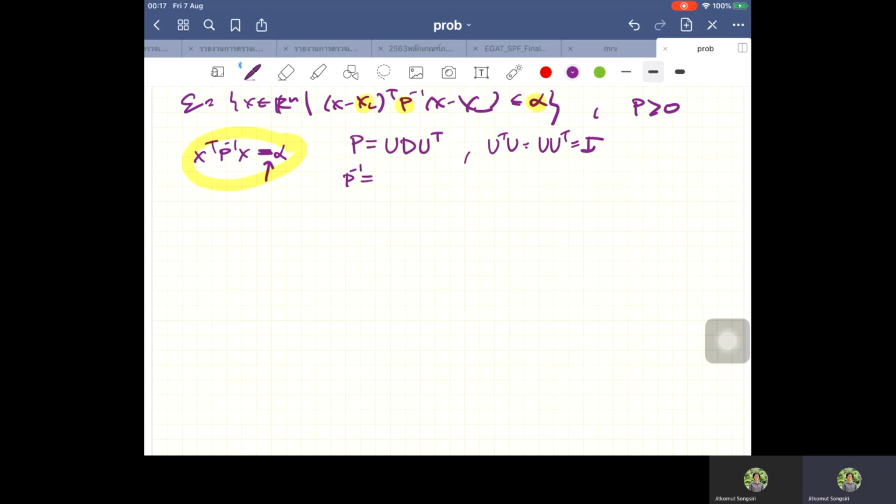P inverse is not actually difficult to obtain because of the orthogonality of the columns of U. You can prove that P inverse is given by U D inverse U transpose. To prove it is very simple: you just multiply this claimed inverse with P, and you see that it becomes the identity matrix.